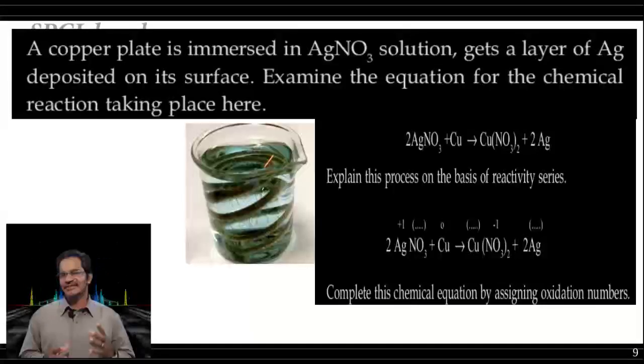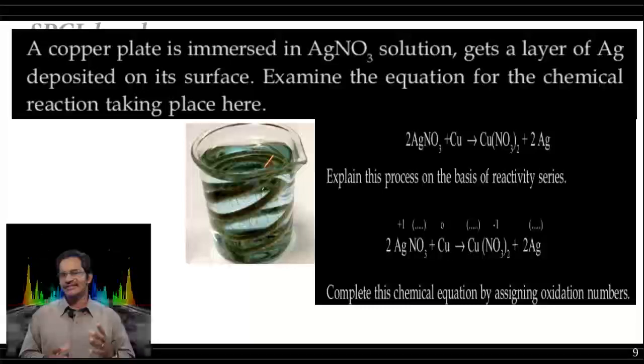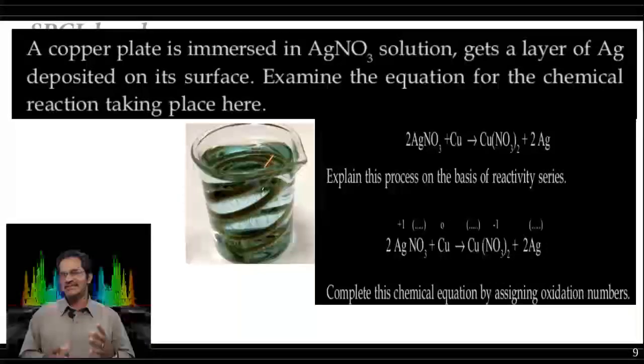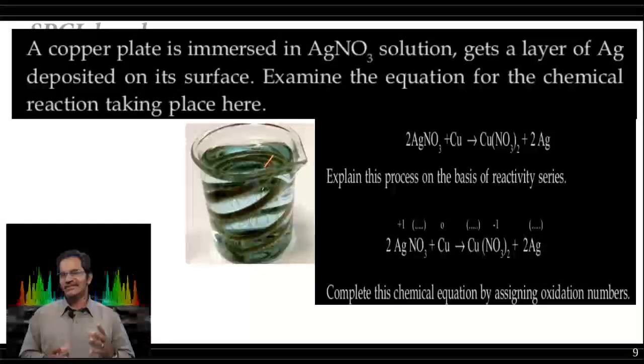2AgNO3 plus Cu gives Cu(NO3)2 plus 2Ag. This is the overall reaction taking place in this reaction mechanism. Okay, so 2AgNO3, silver nitrate, is converted to Ag and Cu is converted to Cu(NO3)2. Explain this process on the basis of the reactivity series. Can you explain?